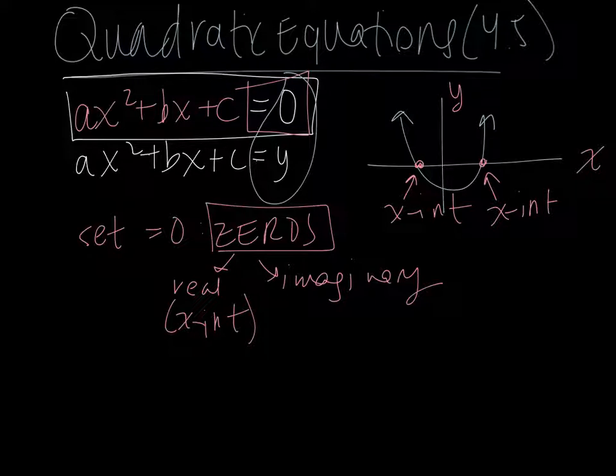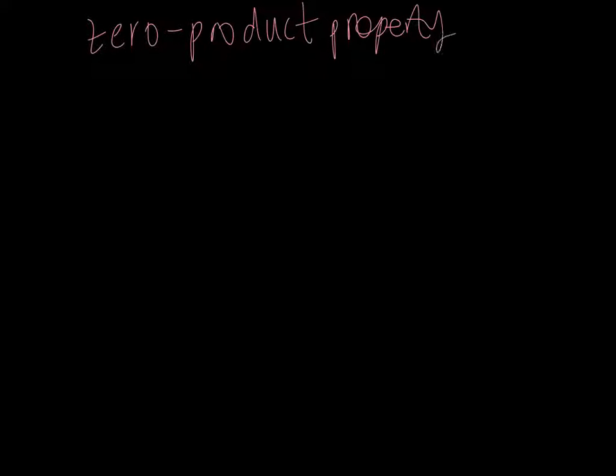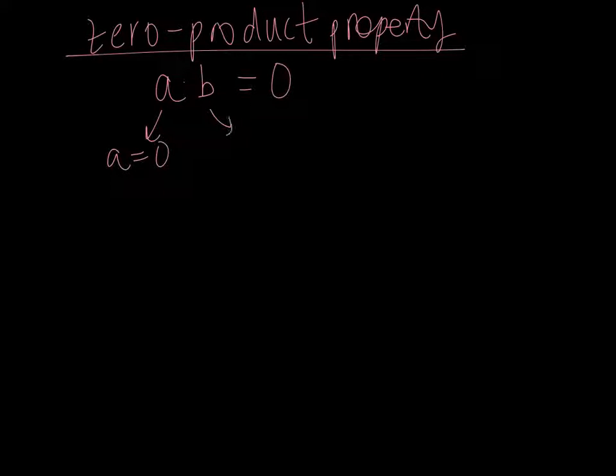Now, a really important property that will help us throughout is the zero product property. What does the zero product property do? It tells us that if A times B equals 0, then A equals 0 or B equals 0.